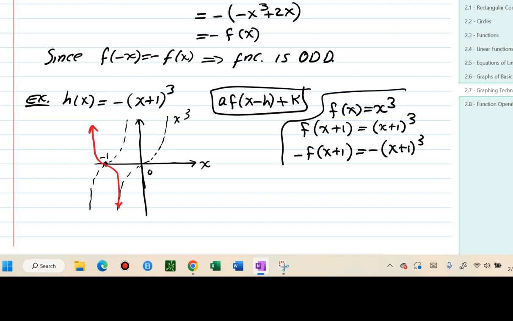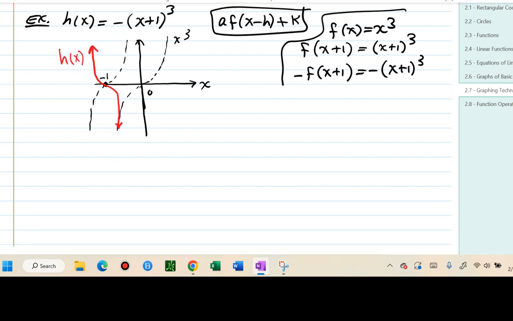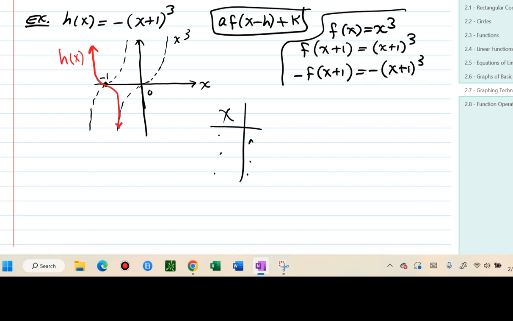That's the final graph. This is h of x. So shift left 1 and reflect. That's all that is. And again, I want to emphasize, we do not want to plot points. You never saw me do this in this section at all. So we don't want to do that at all.